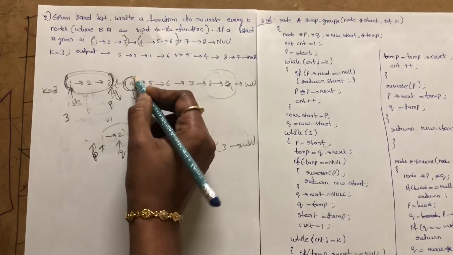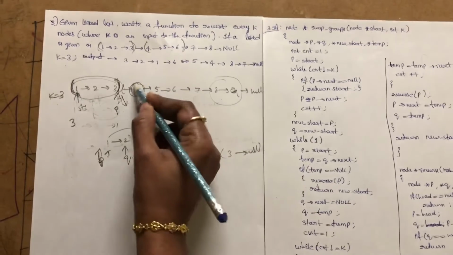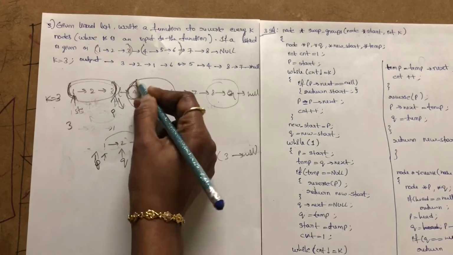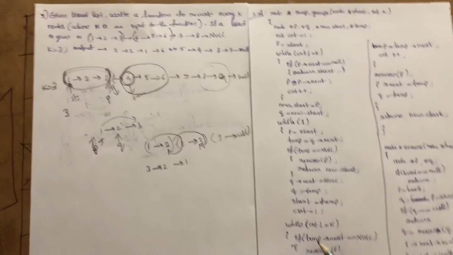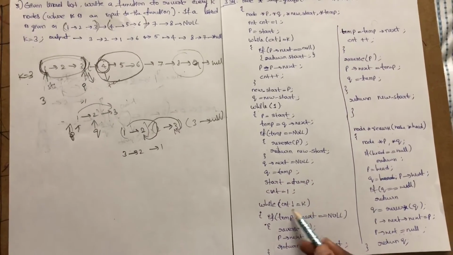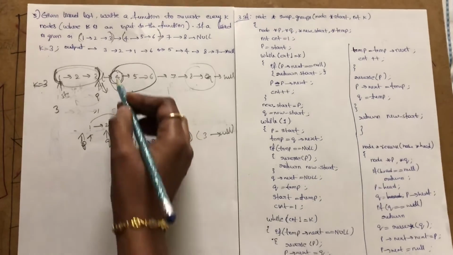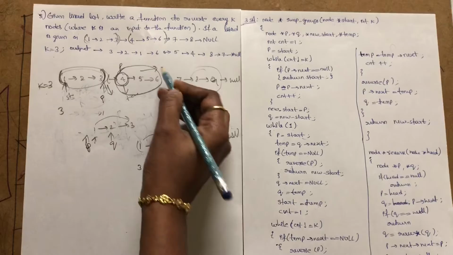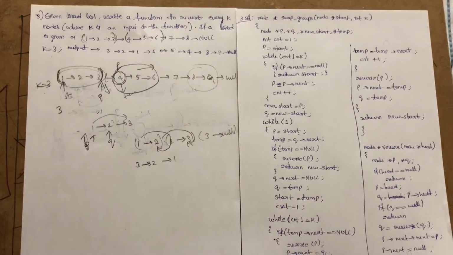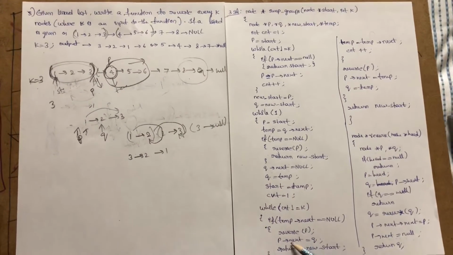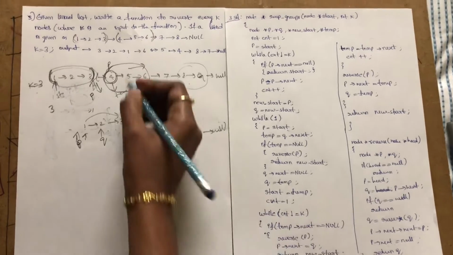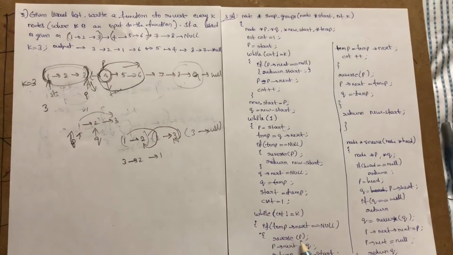So again it comes here to the while loop. It will make the part of the kth value by using this code, while k is equal to count. It will traverse P from here to here. Then after this, P next is equal to Q. That means it will reverse.